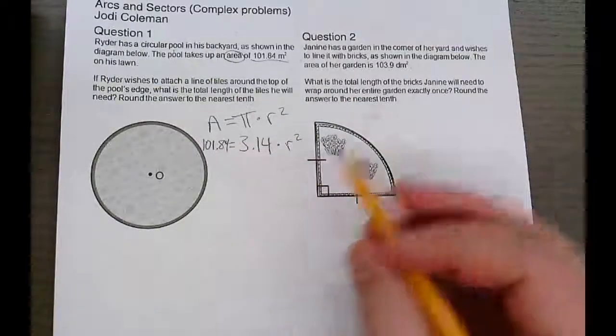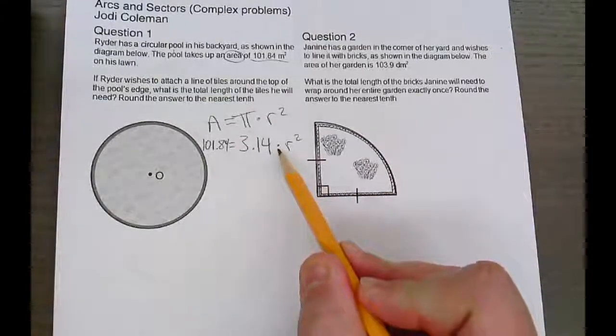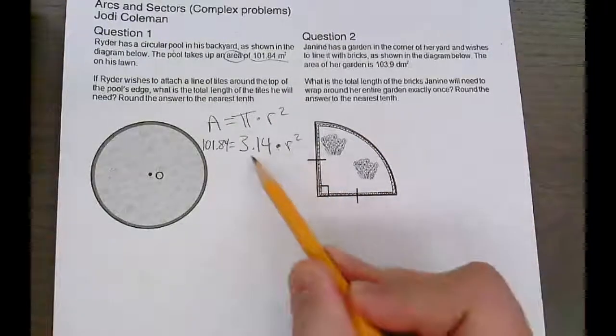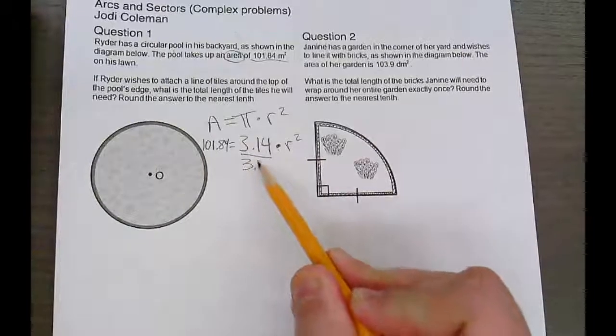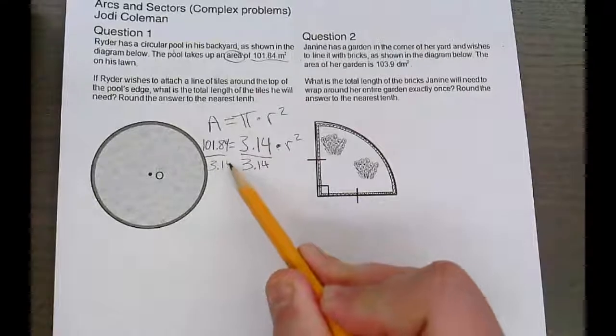Okay, so now we got to do the opposite operation. So you're gonna go, well, this is multiplication. So I got a little dot here for multiplication. So I'm gonna divide 3.14 on both sides. Divide this by 3.14.